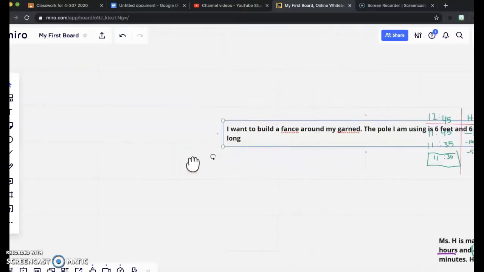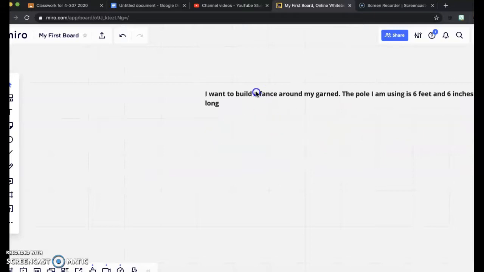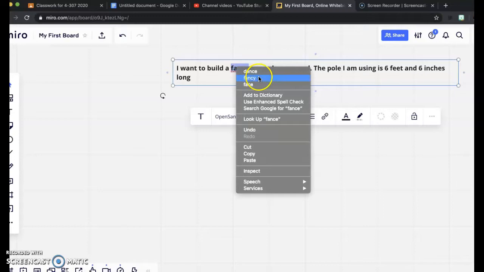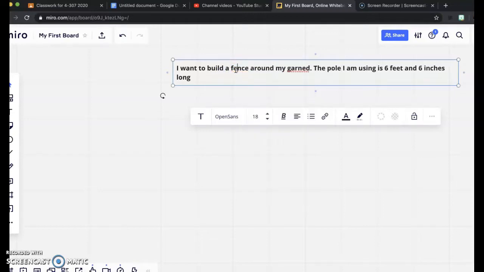Let me move this over, and let me correct my spelling also. All right, and I cut off 1 foot and 7 inches from the end of the pole. All right. How long is the pole now?